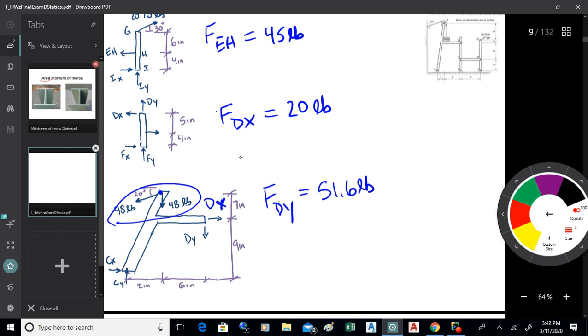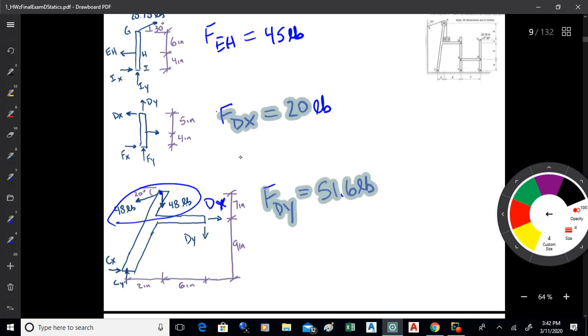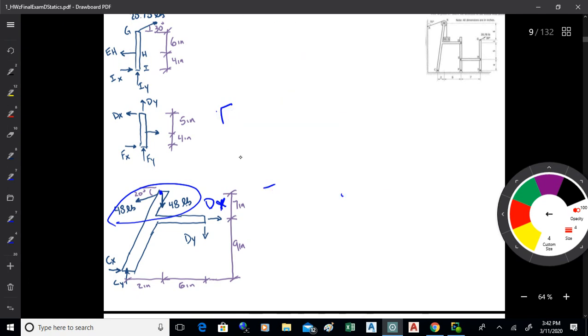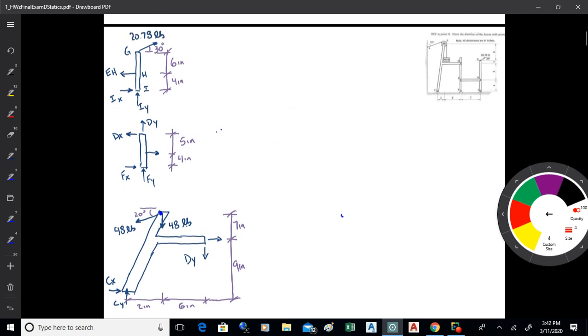What you would do on this problem is start by figuring out that the pulley there, the 48 pounds, goes right on the pin at the pulley. And then I'd see that I have a two-force member there, EH. So that's some of the stuff that I would start with. And then I would draw the exploded view.